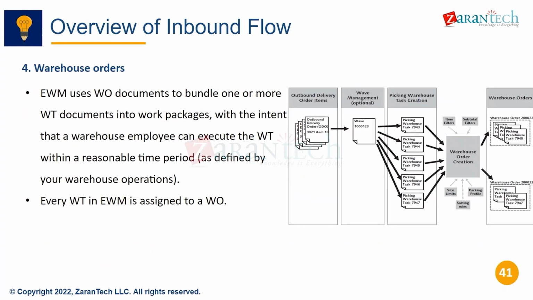Now, as I told you, the warehouse order is a bulk, a combination of multiple warehouse tasks. One container document is created, that is the warehouse order document. The warehouse order can be created based on different criteria.